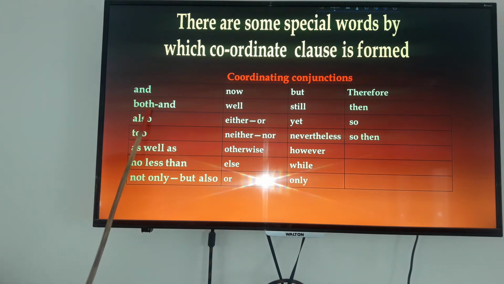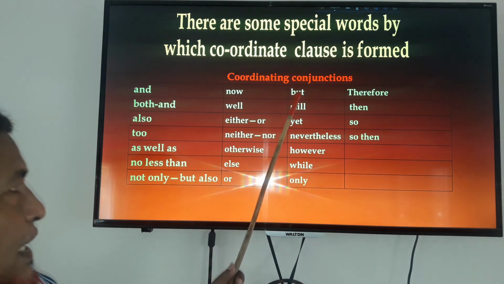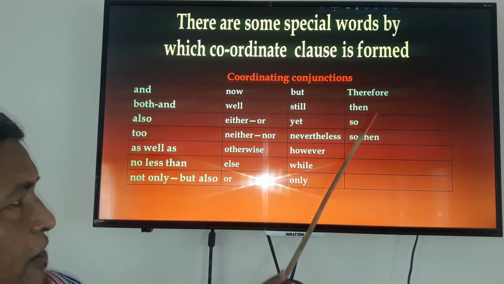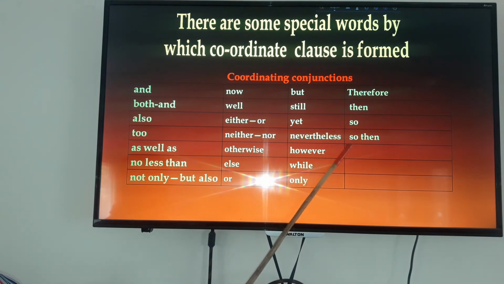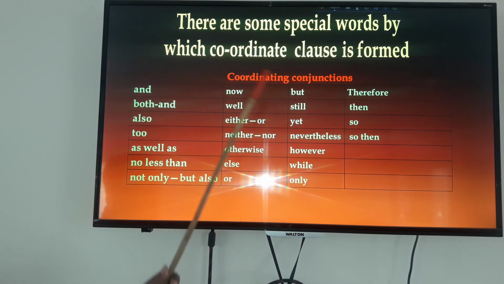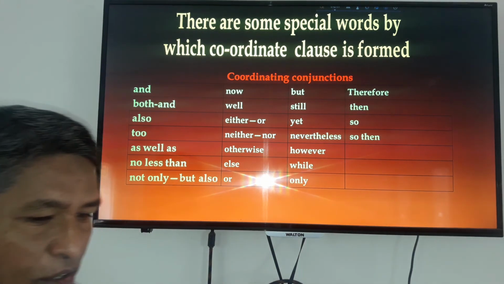First of all, and, both and, also, as well as, no less than, not only but also, either or, neither nor, otherwise, else, or, but, still, yet, nevertheless, however, while, only, therefore, then, so. These are the coordinating conjunctions. Without the conjunction, you cannot form a coordinate clause.